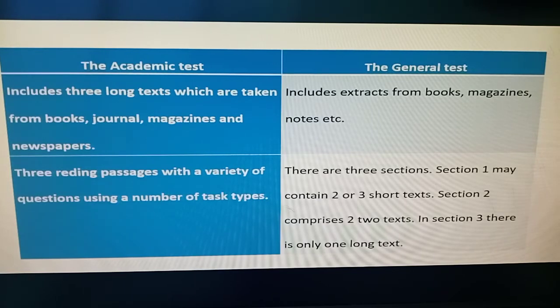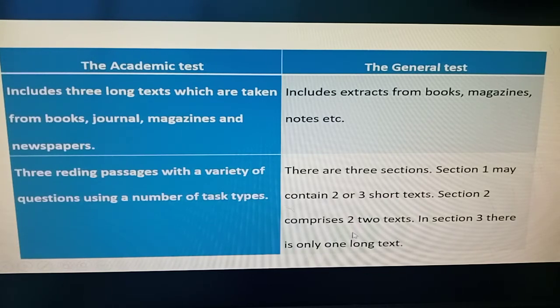Then the general test includes extracts from books or magazines. There are 3 sections in the general test. Section 1 may contain 2 or 3 short texts.